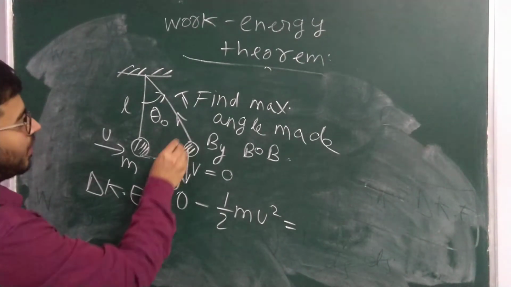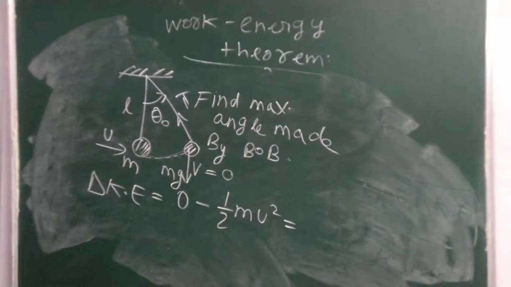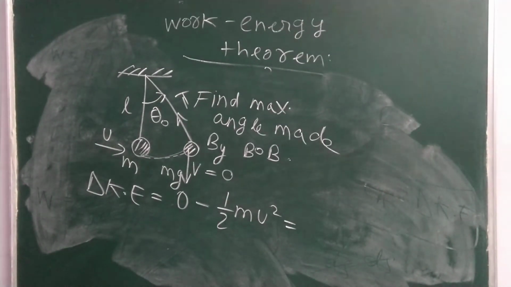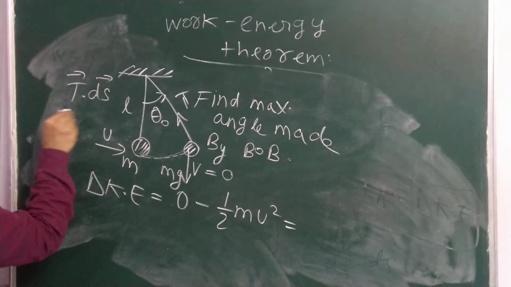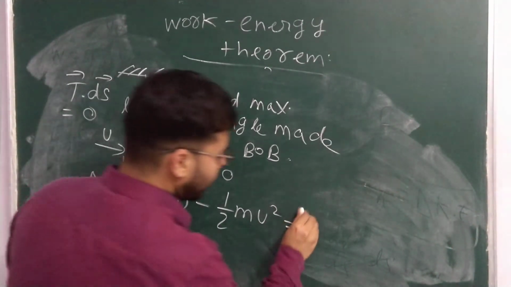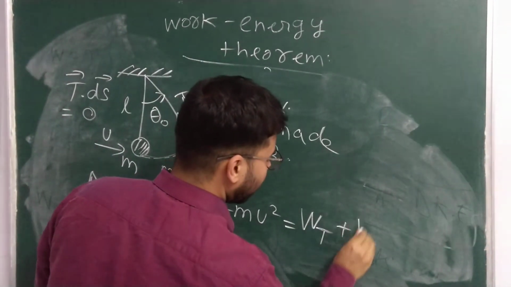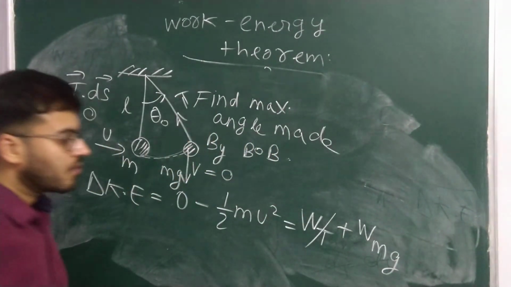So we can say that the angle made by this tension and the displacement of bob, angle between them has to be 90 degrees, right? Or we can say that T dot ds has to be 0, alright? Or you could say that the work done by tension is going to be 0. So work done by tension, work done by weight, this is not there, alright?